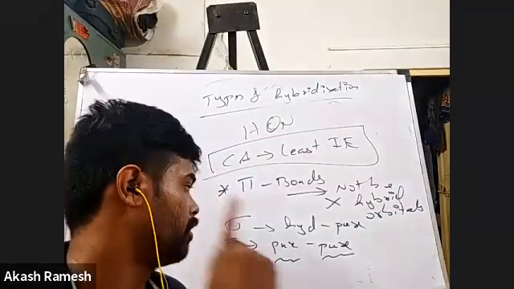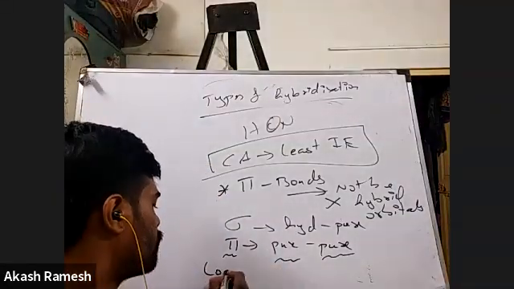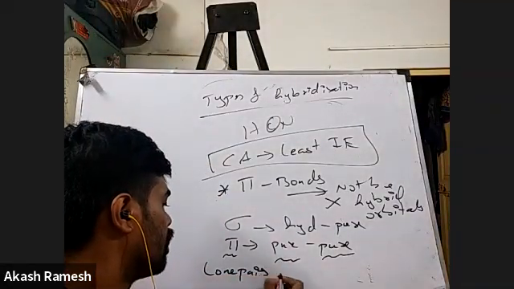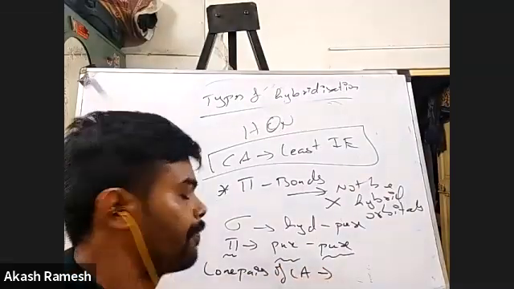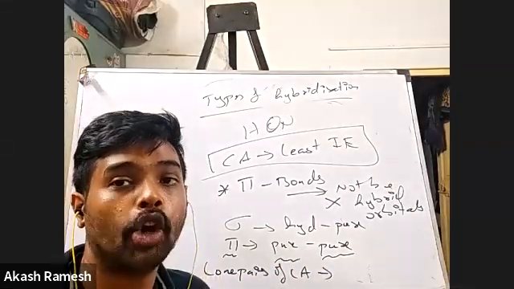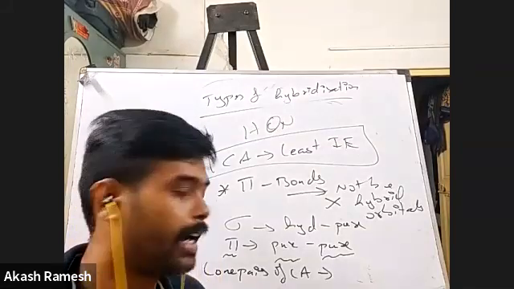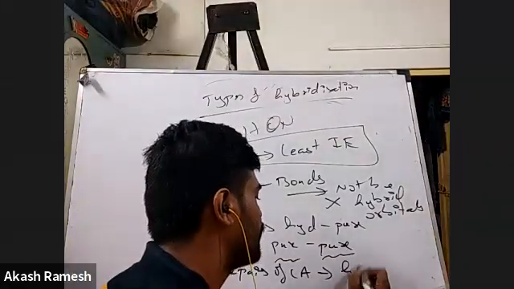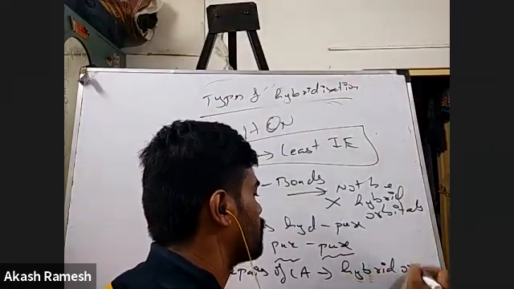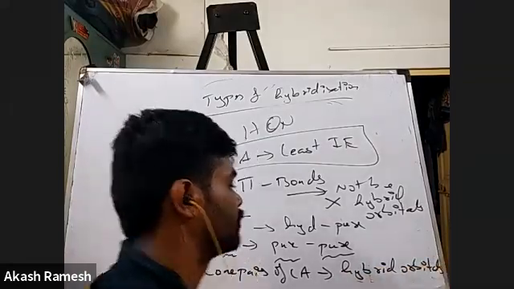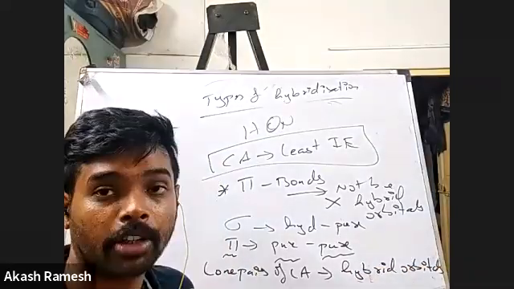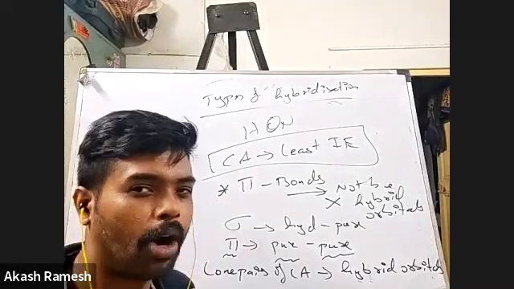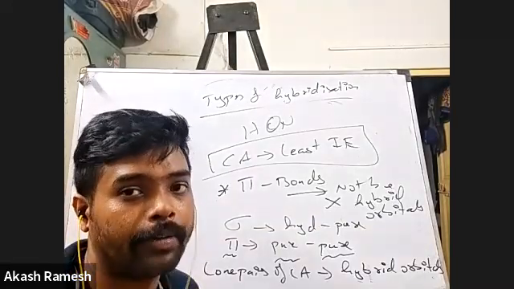And one more thing: if I have lone pairs on the central atom, they will be placed in the hybrid orbitals. The bonding atom doesn't have any hybridization, so we don't have to talk about it.